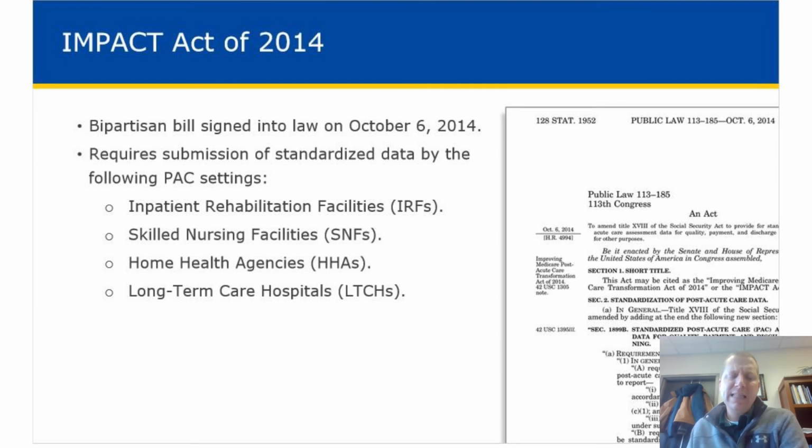You can see that section GG has eventually been implemented in inpatient rehab facilities, skilled nursing facilities, home health agencies, and long-term care hospitals. Essentially this act was telling these facilities that they had to have some method of tracking what level of function their patients were in when they were admitted or when they were discharged.